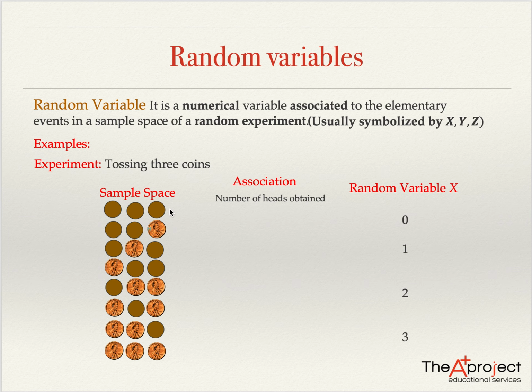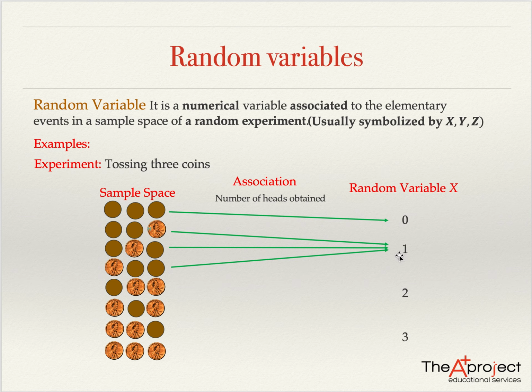For this outcome we associate the number 0, for sure, because there are 0 heads, and for these 3 outcomes, for each of them we associate the number 1. So you see that maybe there are different outcomes that have been associated the same number. For these we associate the number 1 because there is one head, and for these 3 outcomes we associate the number 2, and for this one we associate the number 3.